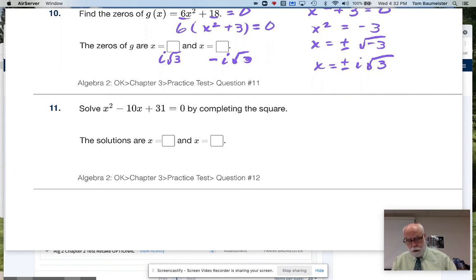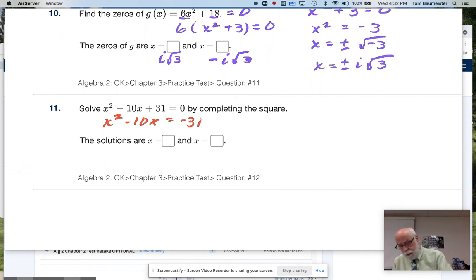Number 11 is solve x squared minus 10x plus 31 is equal to 0 by completing the square. So remember, I told you to keep the x squared and the 10x on one side of the equation, and then move the 31 over to the other side, so that becomes negative 31.